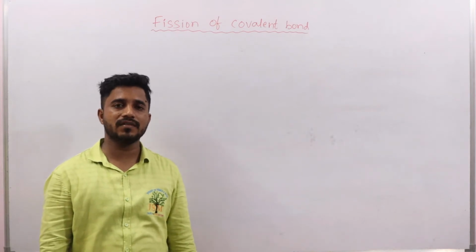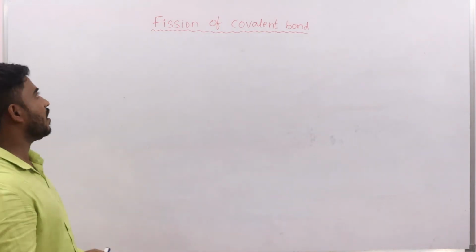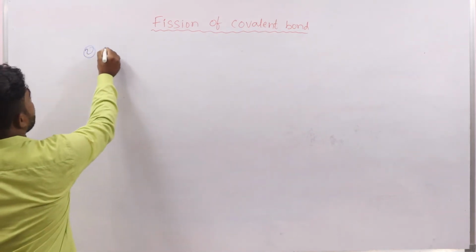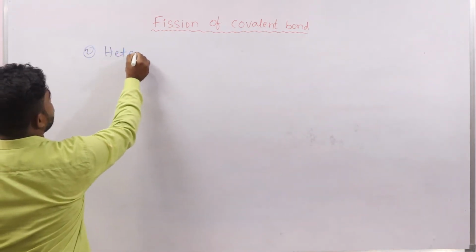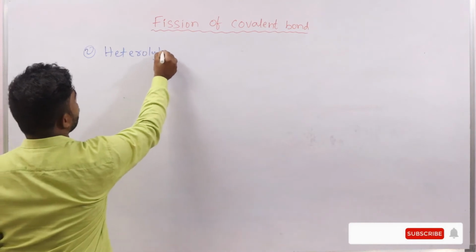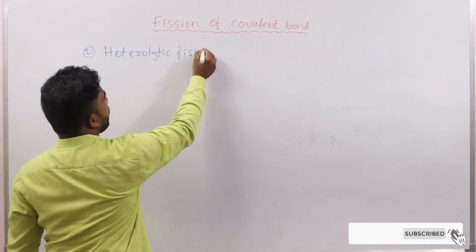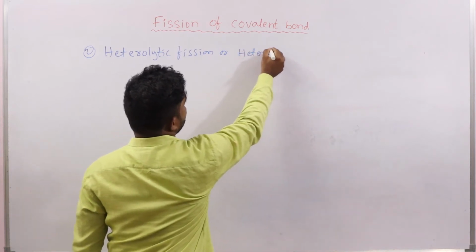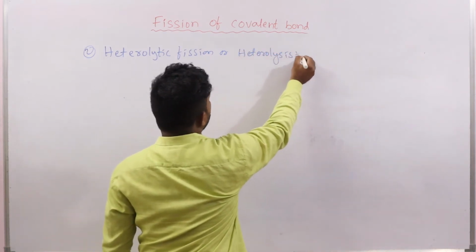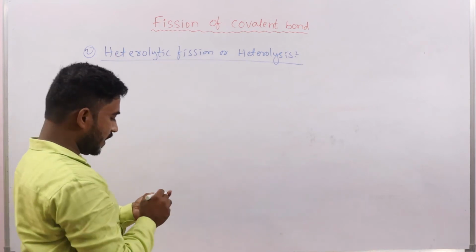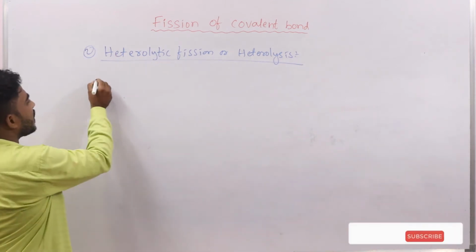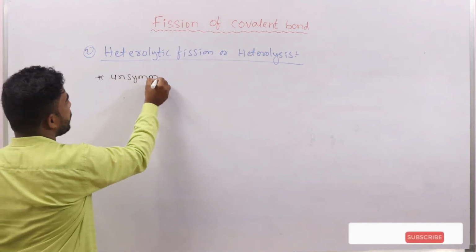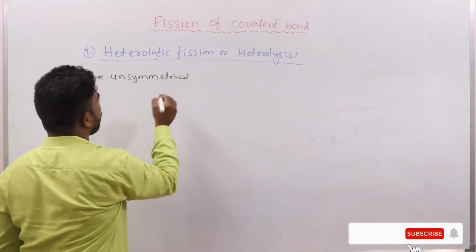The next type of fission is heterolytic fission, or heterolysis. What is the meaning of heterolytic fission? It is the unsymmetrical, unequal breakage of covalent bond.